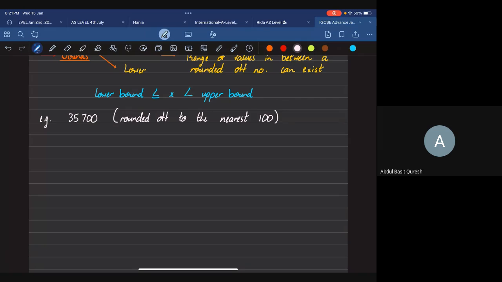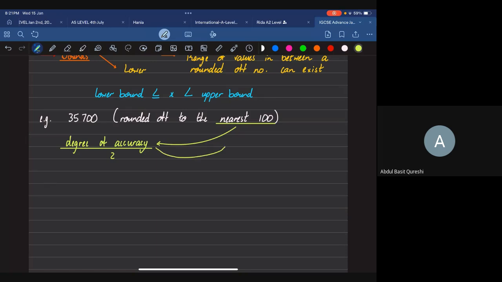Now, if I want to calculate my upper bound and lower bound, I need to first know the degree of accuracy, and what is its midpoint. So technically, my degree of accuracy is this guy, and I need to divide this by 2 in order to get the midpoint.